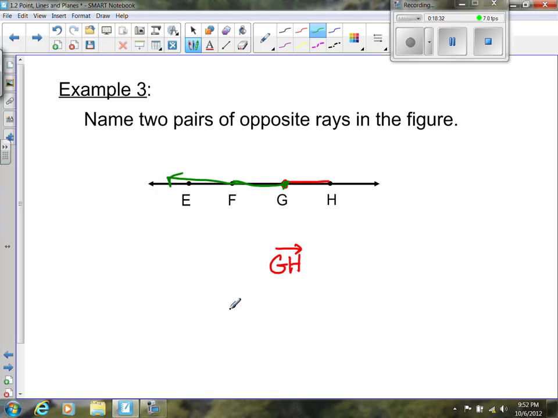So I could have a ray from G that goes through F, so I could either call it GF or GE, but G had to go first. Okay, these would be opposite rays. Even though this arrow and this arrow are going in the same direction, they're opposite rays because I'm starting at G, going towards F. Starting here, going this way. Okay, that's ray GF.